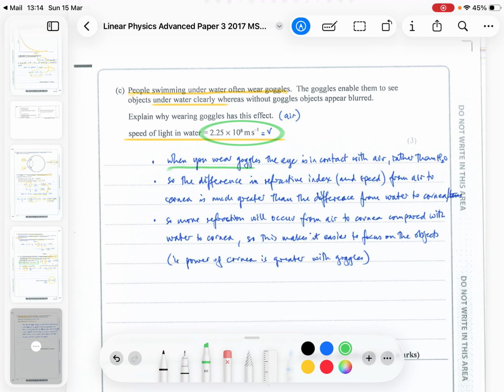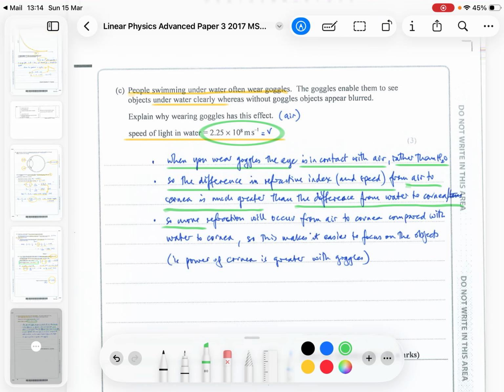So when you wear goggles, the eye is in contact with air rather than water, H2O I put. So the difference in the refractive indices and speeds from air to cornea is much greater than the difference if you just try to look at an object underwater through water.